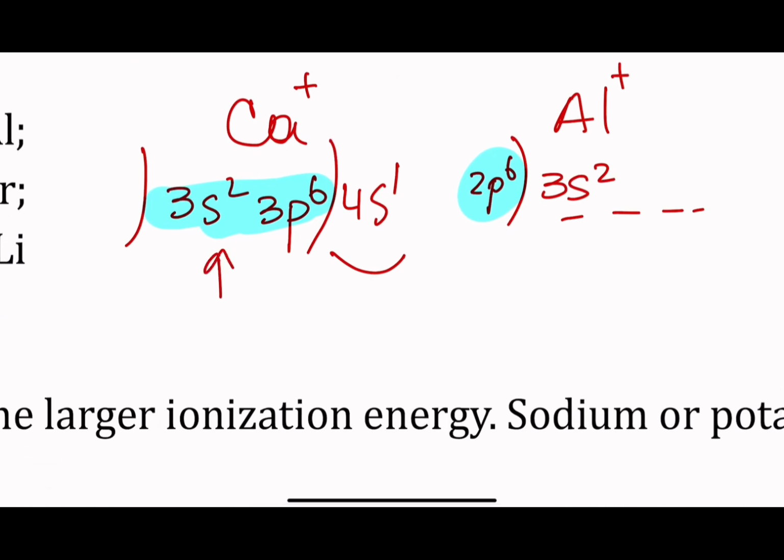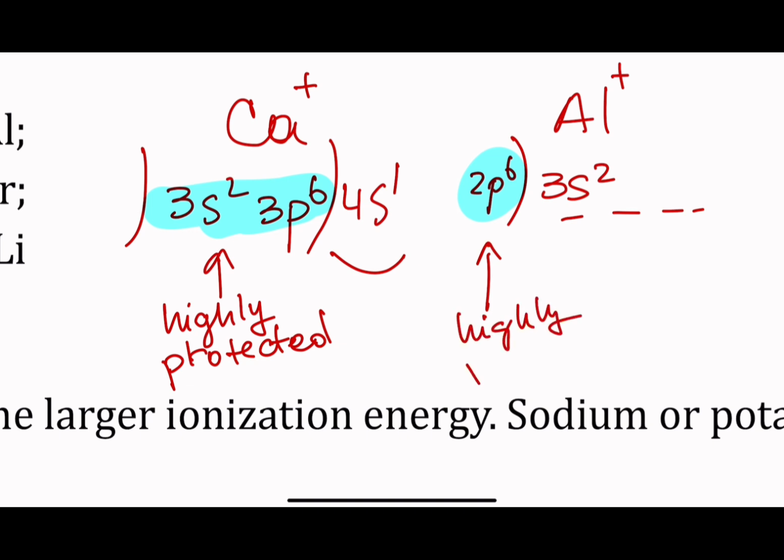This area is a highly protected area. It's really hard to grab an electron from the inner shell. That's why if we did not touch it, it's no problem. Same thing here, highly protected. We did not touch it.